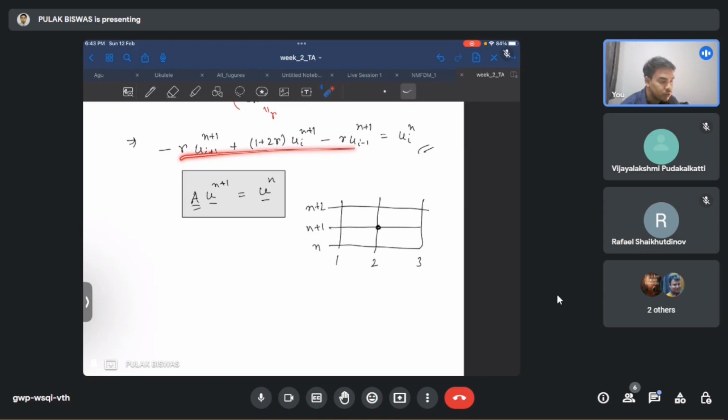If I use this equation now, what will we have? I plus 1 means u3, n plus 1, r value you know, plus 2r, the ith value is u2, n plus 1, minus r, u, I minus 1 means u1, n plus 1, and this one will be your u2, n.